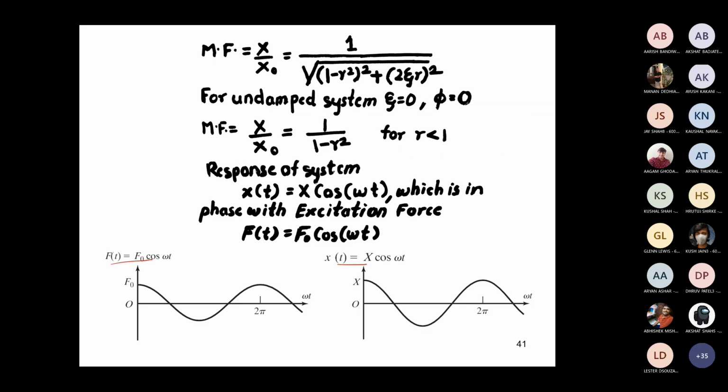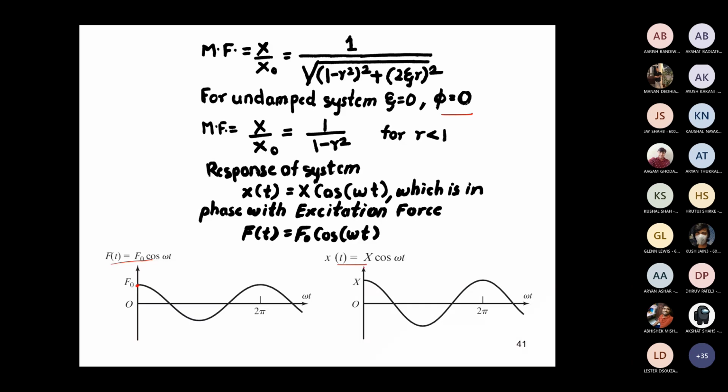What do you see from these graphs? When the peak of the applied force is reached, when the phase lag is 0, the peak of the displacement is also reached on the same side.